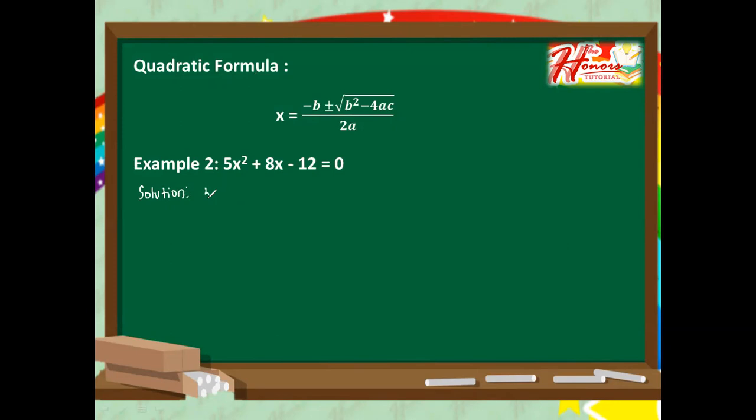So we have here 5x squared plus 8x minus 12 equals 0. Identify what is a, b, and c. A is 5, b is equal to 8, and c is equal to negative 12. And then substitute a, b, and c here in our formula.